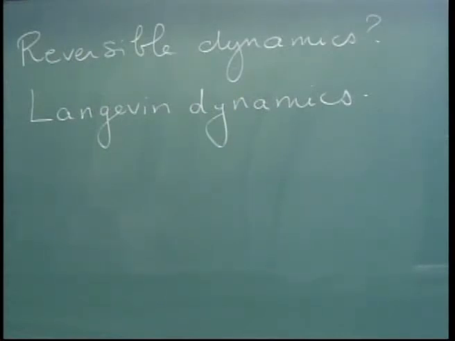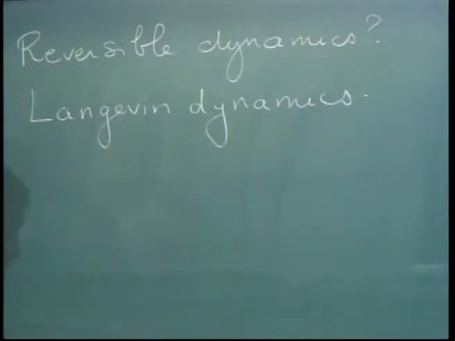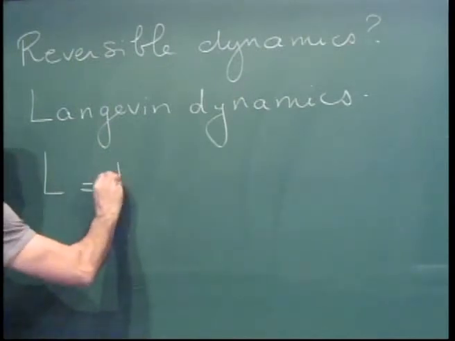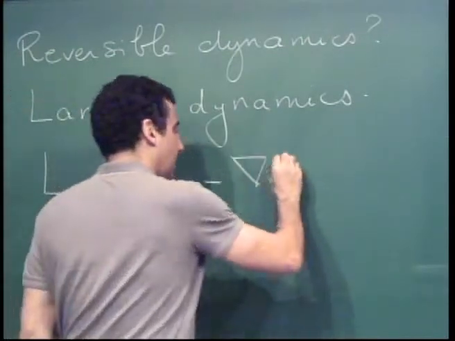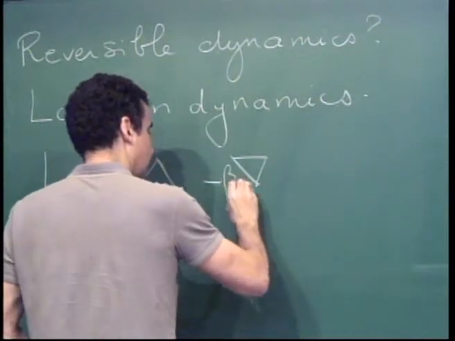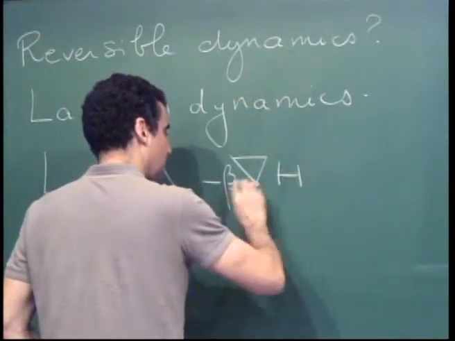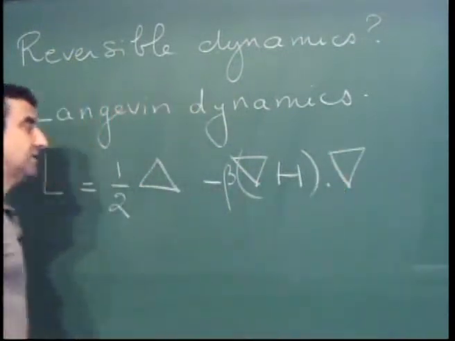So what are the Langevin dynamics? It's simple. A priori, it will be a diffusion whose generator should be simply 1/2 of the Laplacian minus beta grad h, grad. That should be the natural dynamic.